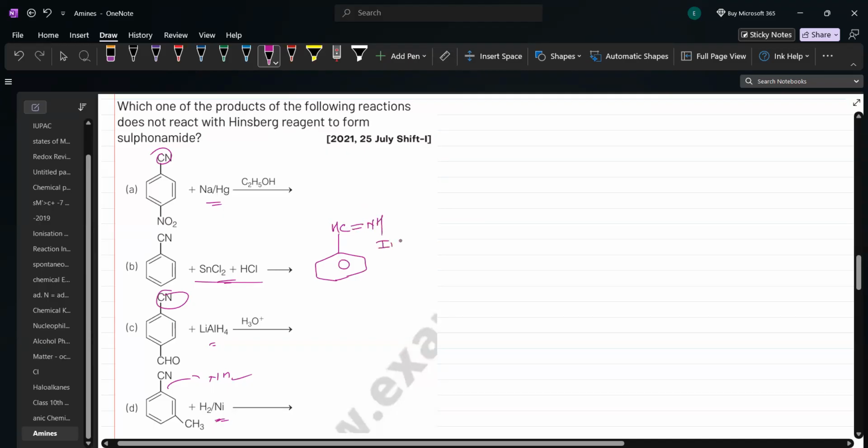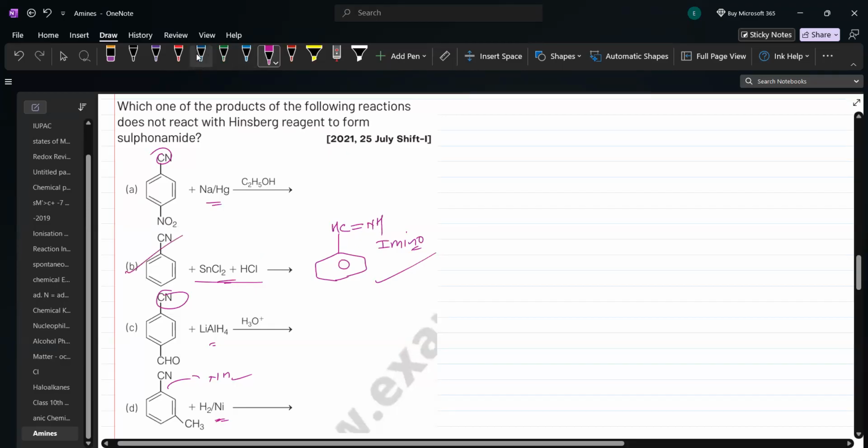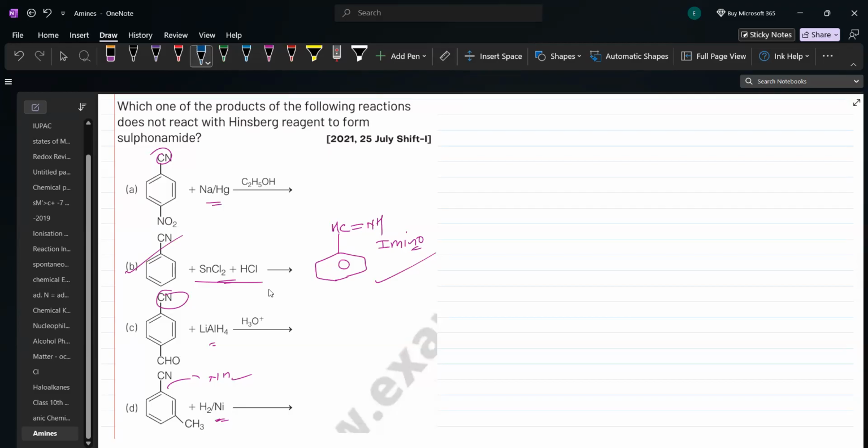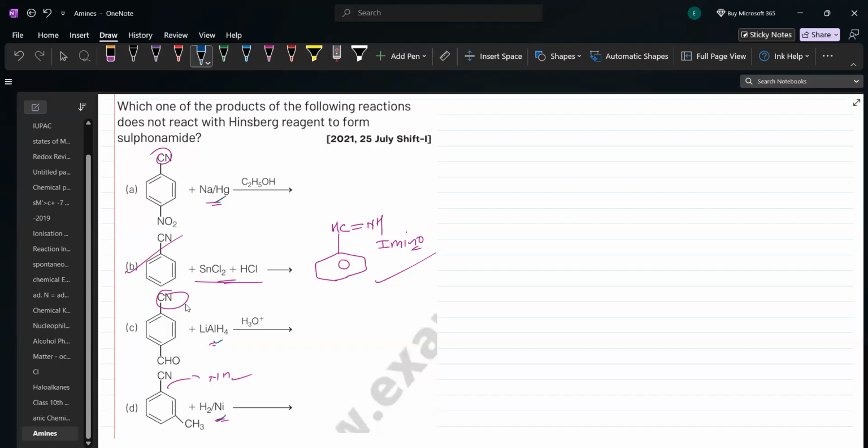This forms an imino group. So this is not a primary amine or secondary amine, so this will not react, and thus this will be the correct option. Okay? Do you understand? Yes, sir. These are also very good reducing agents. That is why they reduce cyanide into NH2.